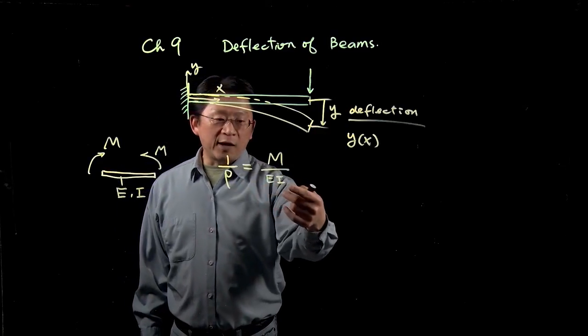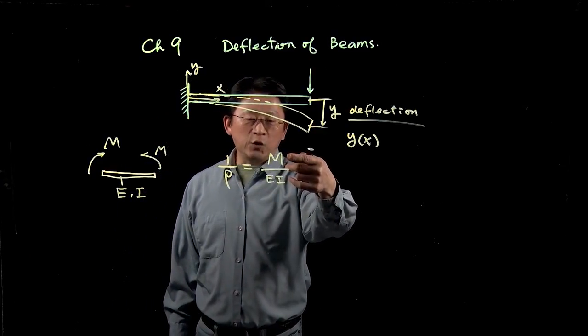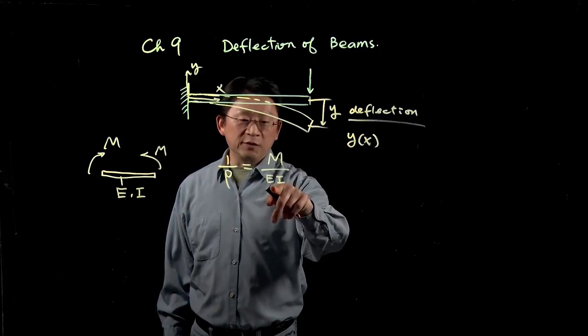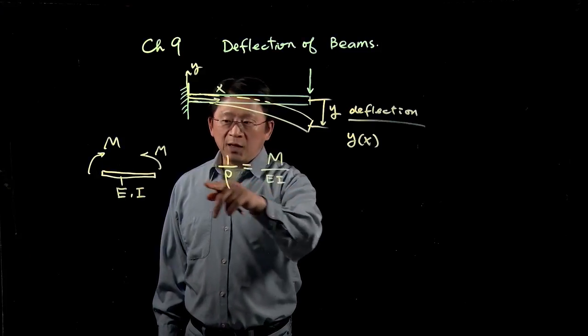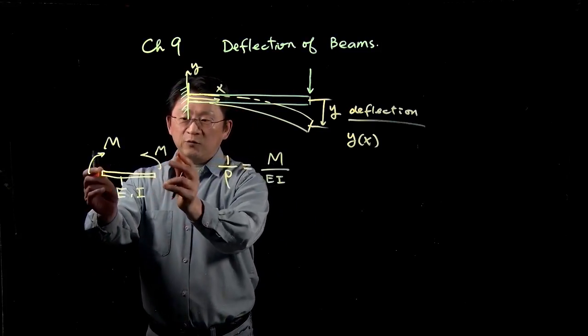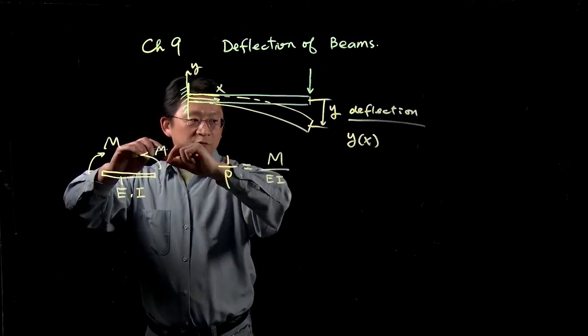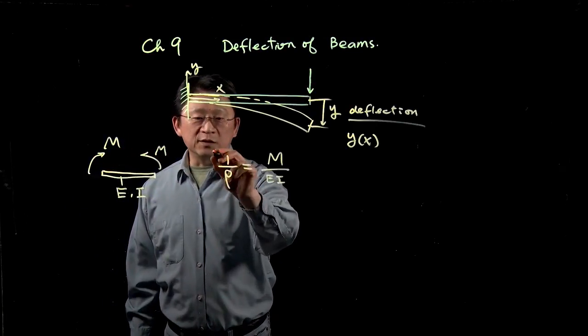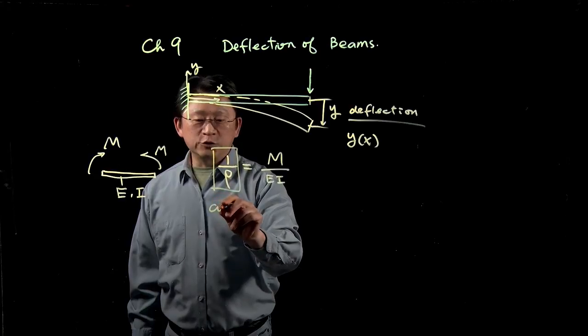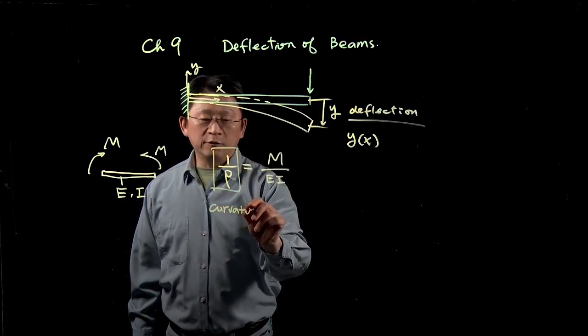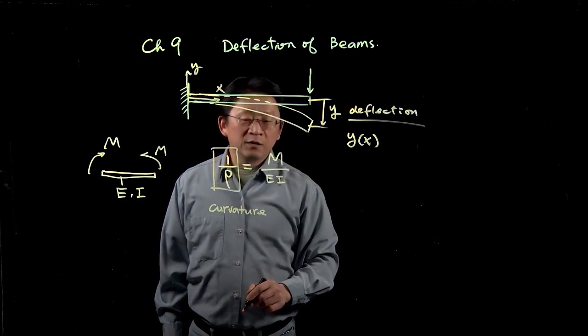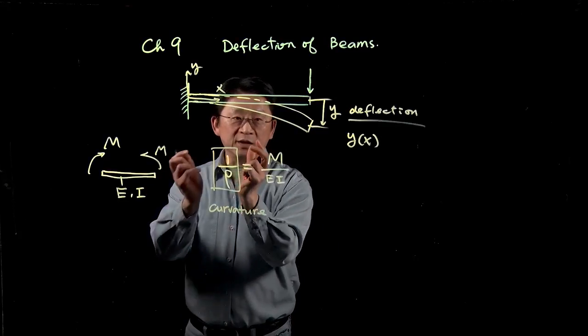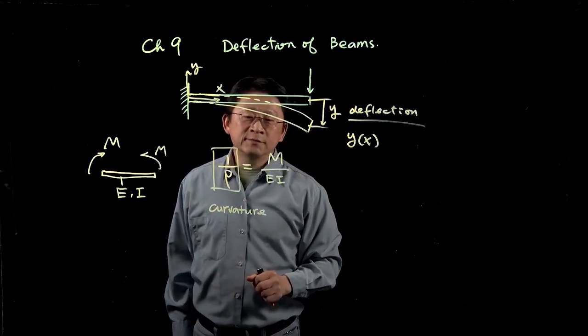On the right-hand side is the loading, and the two terms E and I are material and geometry information. From here, you can see the larger the bending we apply, the more the beam will be curved. So this term represents the curvature of the beam. The larger this value, the more the beam is curved.